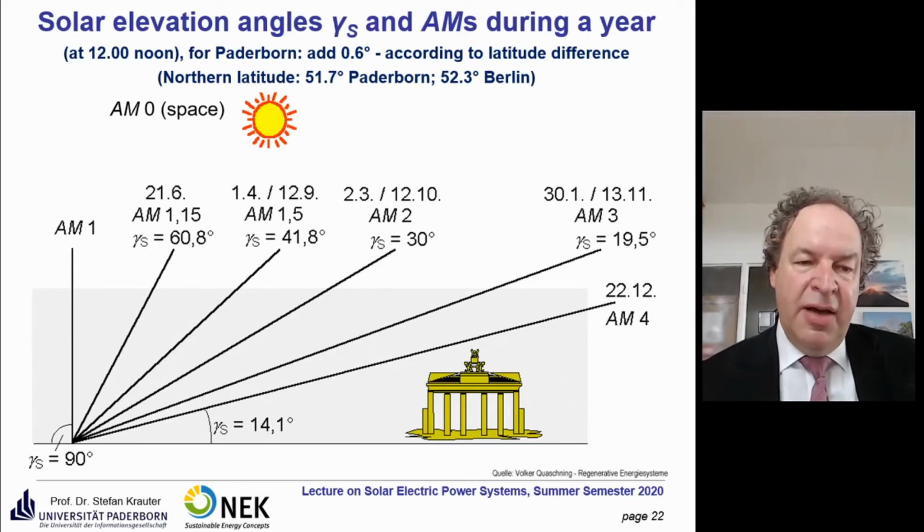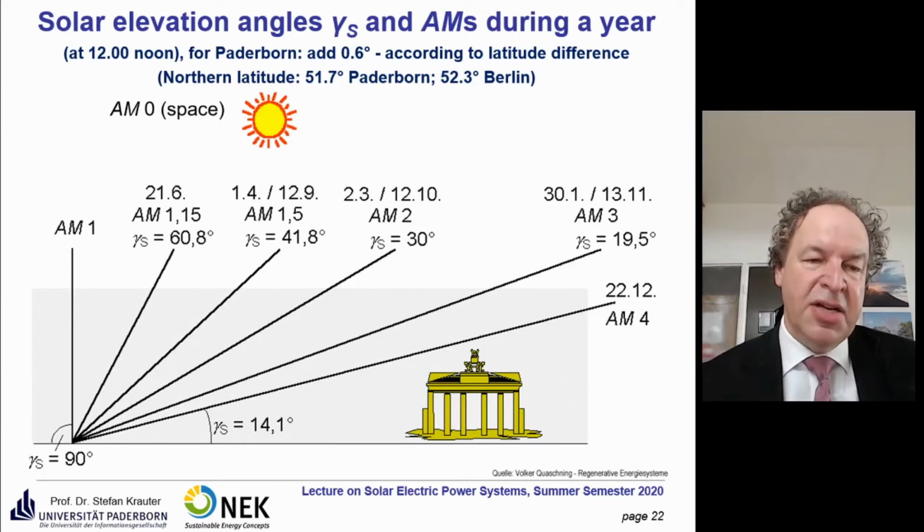That means we have 61.4 degrees in Paderborn as the highest elevation angle at midday on the 21st of June. And that is equivalent, according to the formula you saw before, to AM 1.15.